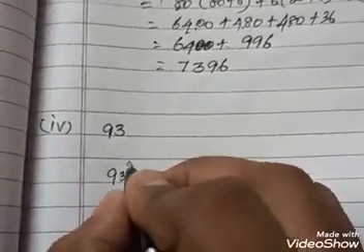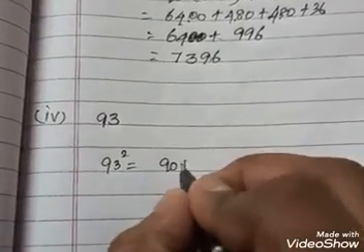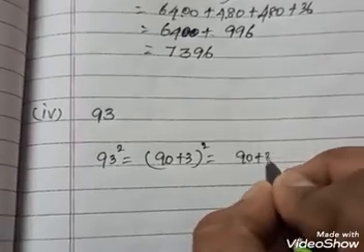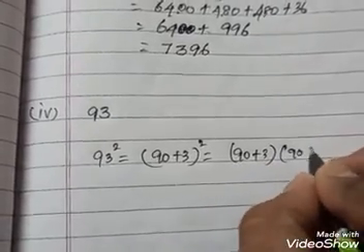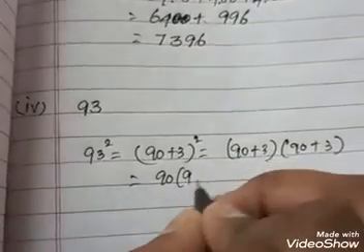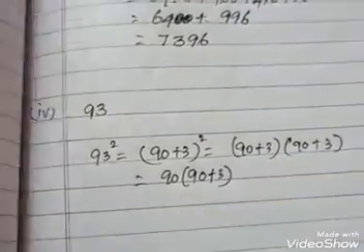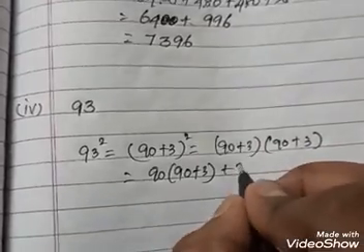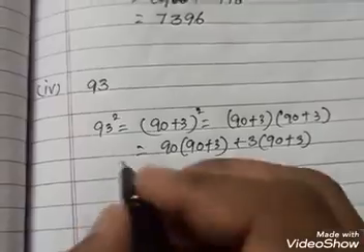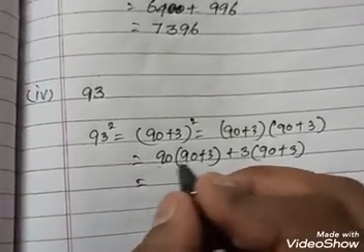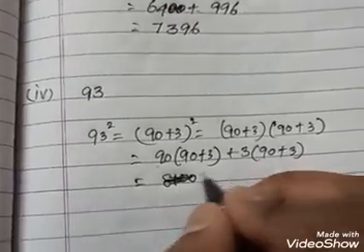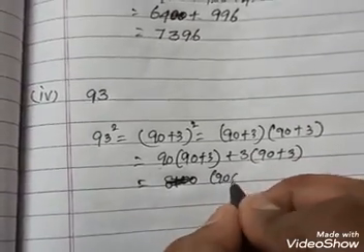Same method, 93 square can be written as 90 plus 3 whole square. So 90 plus 3 into 90 plus 3. So 90 can be multiplied with both, 90 plus 3, and 3 can be multiplied with both. Now you multiply these two, 9 9s are 81 and 00. Otherwise you just go with the steps, 90 into 90.